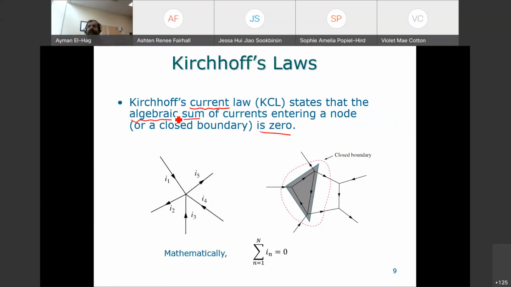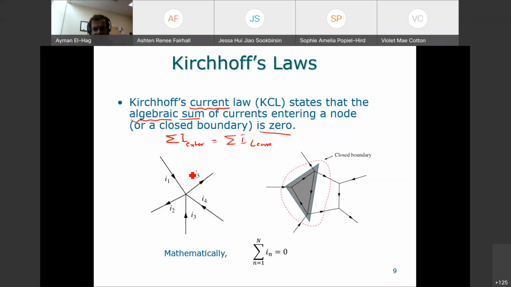So it means that current entering the node will have a different sign than the current leaving the node. So if we assume a current entering the node is positive, then the current leaving the node will be negative. And vice versa. It doesn't really matter. You can assume whatever you want. Or you can say that summation of current entering the node equals summation of current leaving the node. So both will end up having the same thing.